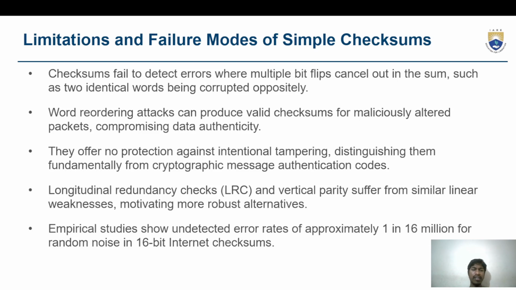They offer no protection against intentional tampering, distinguishing them fundamentally from cryptographic message authentication codes. Longitudinal redundancy checks (LRC) in short, and vertical parity suffer from similar linear weakness, motivating more robust alternatives. Empirical studies show undetected error rates of approximately 1 in 16 million for random noise in 16-bit Internet checksums.